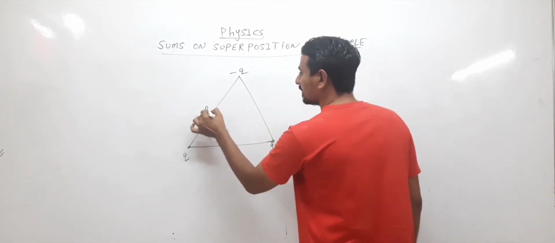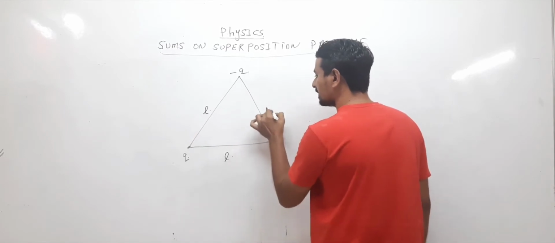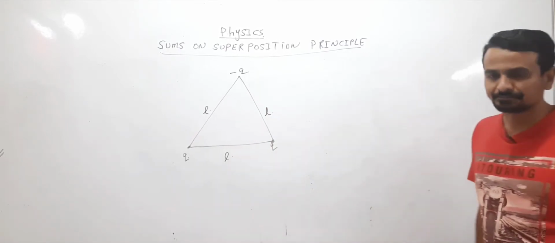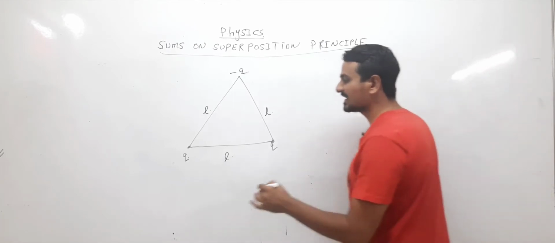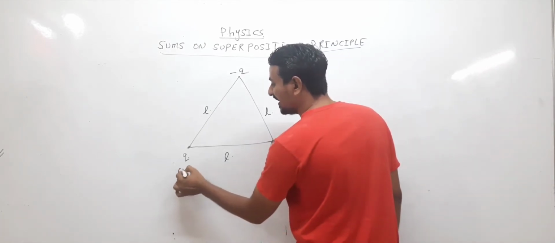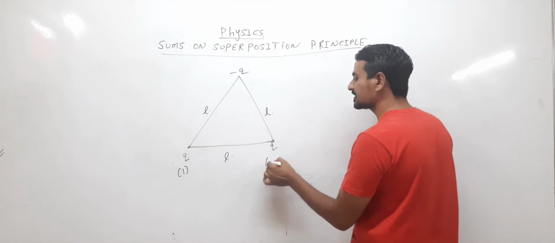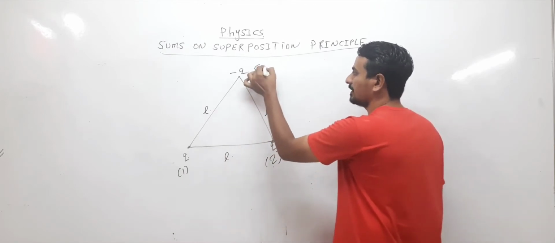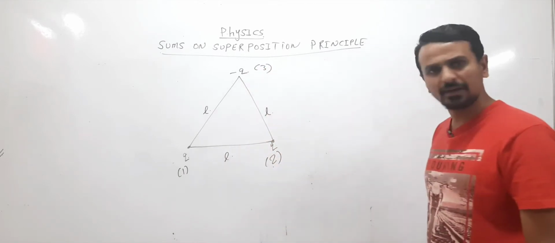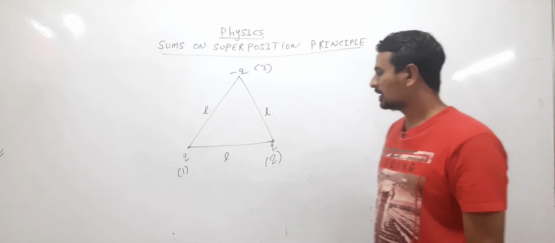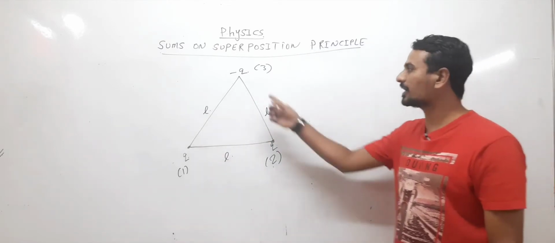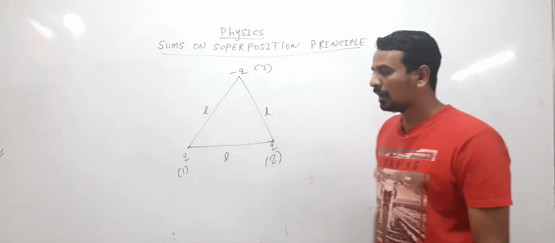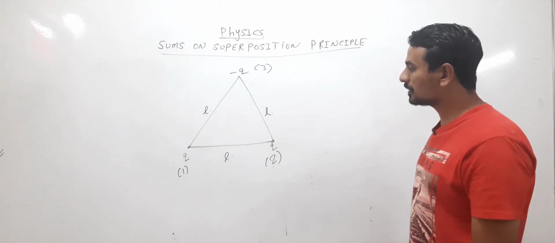Let us say that the length of each side of the triangle is L. Now you have been asked to calculate the force on each and every charge. Let us call these the first charge, second and third, right? So there are three charges, Q, Q and minus Q. Of course the magnitudes are the same, only this one is a negative charge. You have to find the force on each charge.